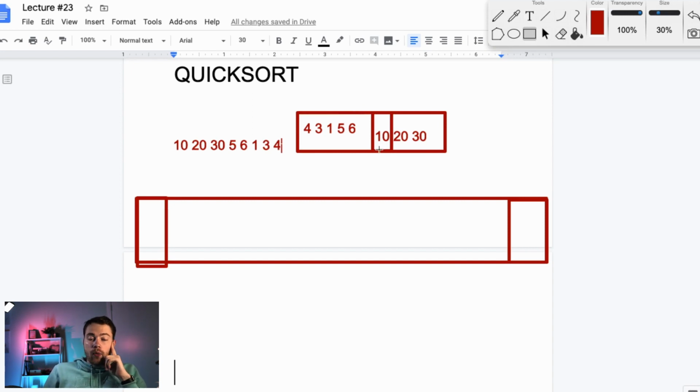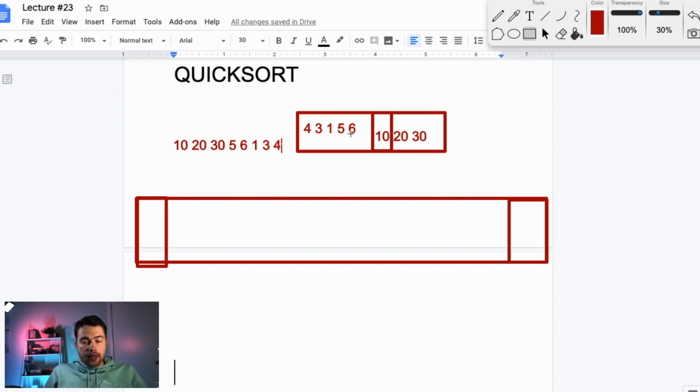After doing this, I know that I have 10 in my array, all the elements on the left of 10 are less than 10, and all elements on the right are greater than 10. What conclusion can I make at that point? The conclusion is this: no matter what I have on the left and on the right, no matter what numbers and what order they're in, the 10 is in the exact position where it should be after the entire array is sorted.